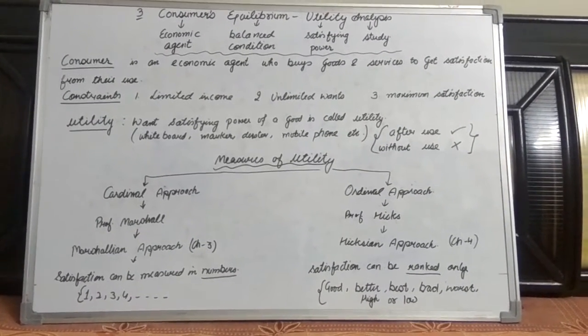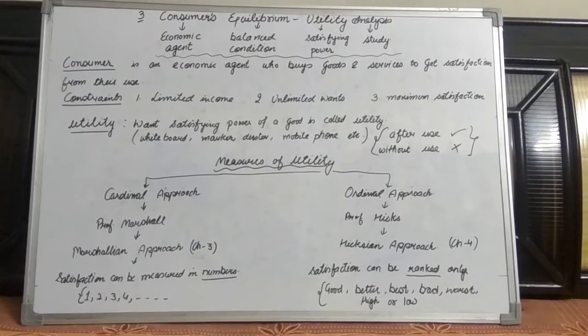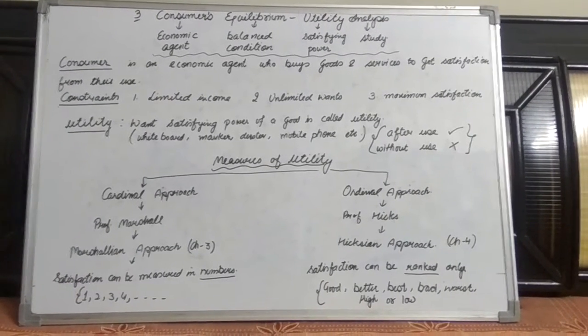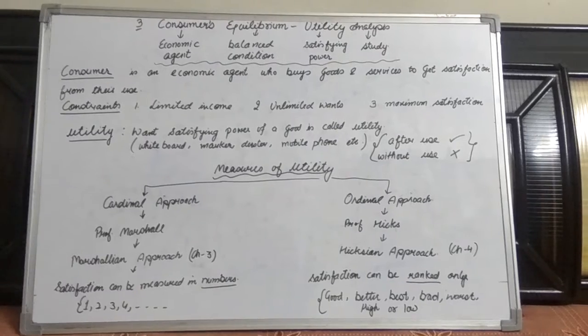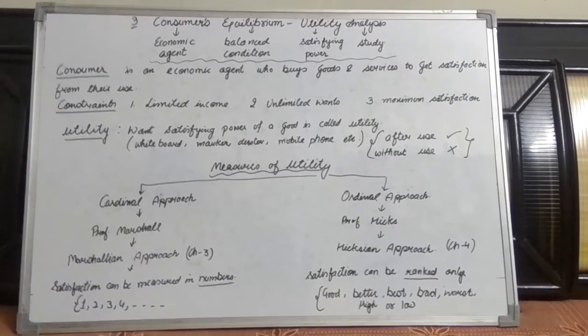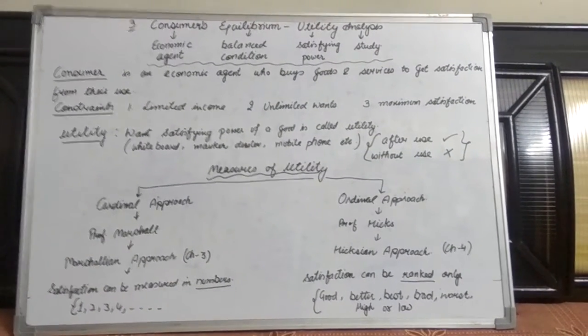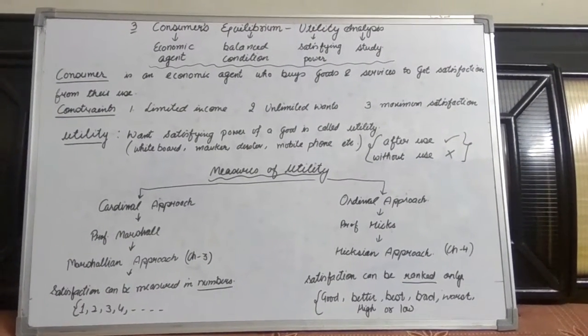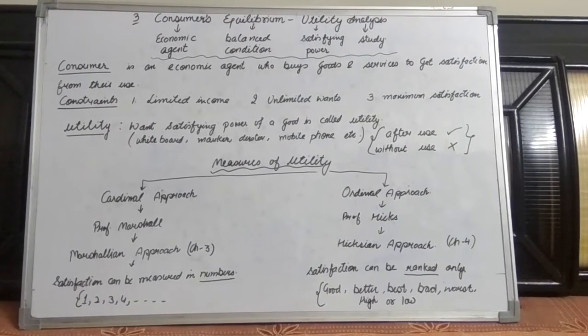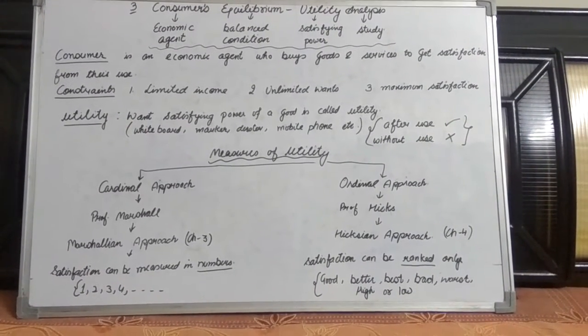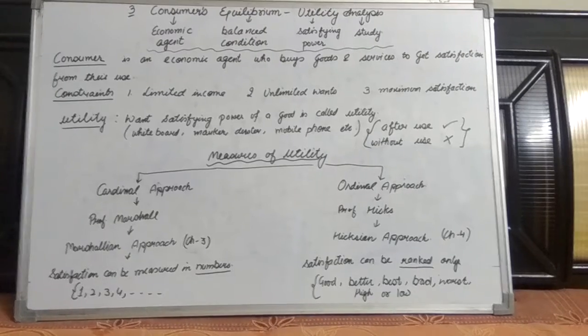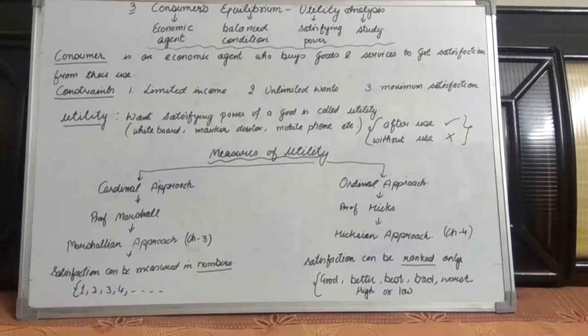A wholesaler buys goods and services from the producer. Further, he sells those goods to the retailer, and the retailer sells the goods to the consumer. So in this chain, the retailer and wholesaler are all buyers, but they are not consumers.